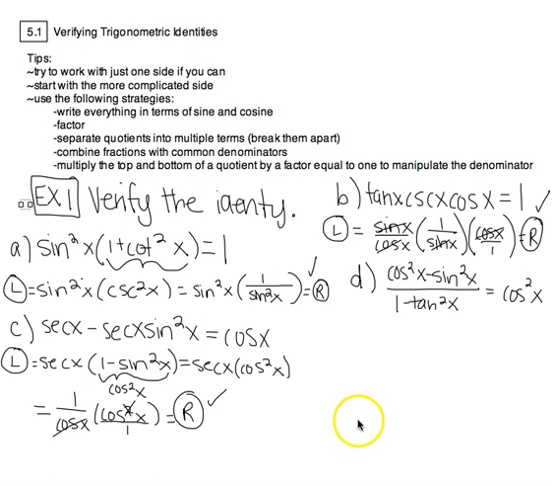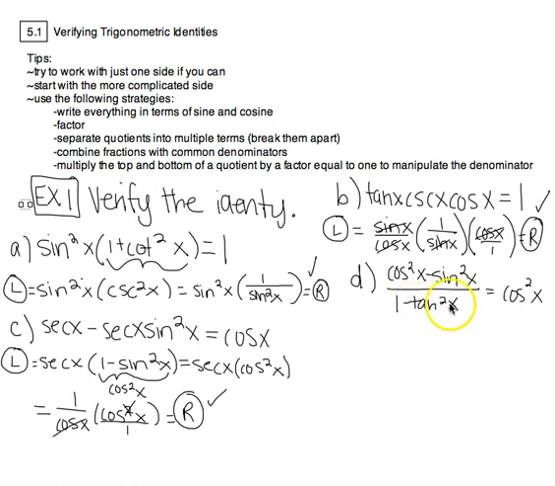Okay, so when I look at this one, my eyes are drawn to 1 minus tangent squared, and I look at those Pythagorean identities and I see, oh, 1 minus tangent squared, and then I'm disappointed because the Pythagorean identity says 1 plus tangent squared, not 1 minus tangent squared. So that means that I can't use that Pythagorean identity.